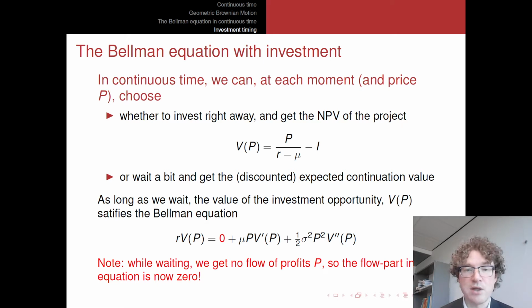In this case we get no money while we're waiting because we don't have a power plant yet. So the flow part in this equation, where we first had just P, is now 0 because there is no power plant yet. We have the same Bellman equation, but with this first term reduced to 0. It's not there.